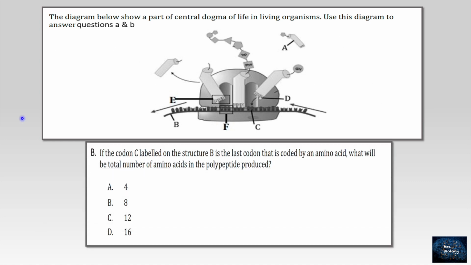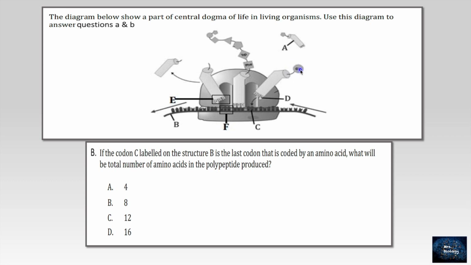Now, question B. If the codon C, they meant this, labeled on the structure B, is the last codon that is coded by an amino acid, what will be the total number of amino acids in the polypeptide produced? Simple, easy. We will pick the answer from the same diagram by counting. If we assume that C as a codon is the last one, that means this will be the last amino acid.